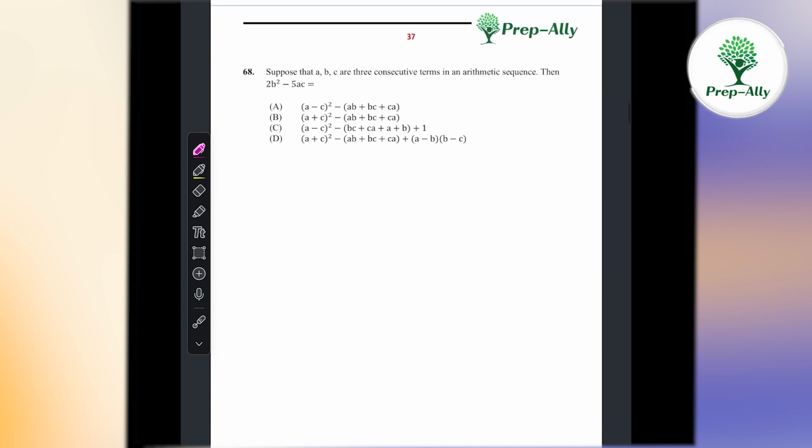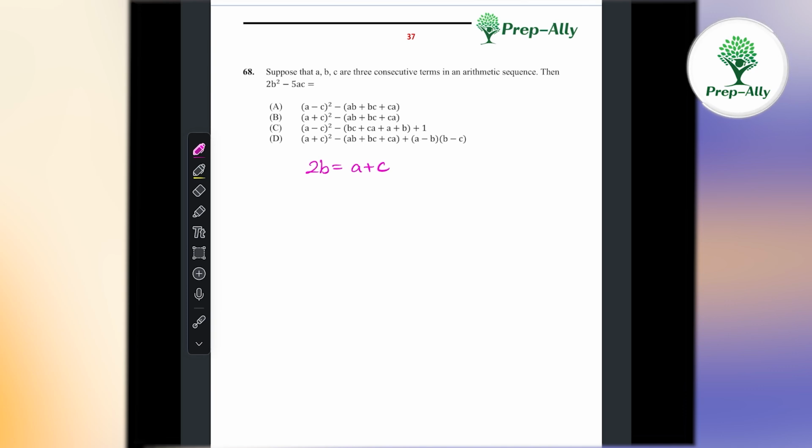In the 8th question, we're given that a, b, and c are 3 consecutive terms in an arithmetic sequence, then 2b square minus 5ac equals. So if a, b, c are 3 consecutive terms in an AP, then we have 2b equals a plus c, right?